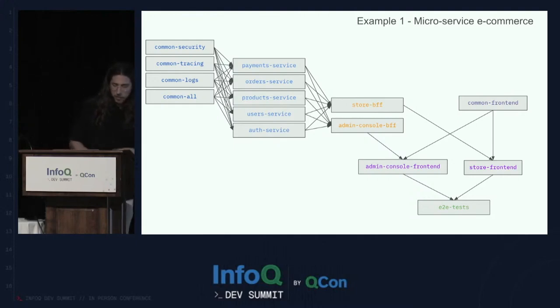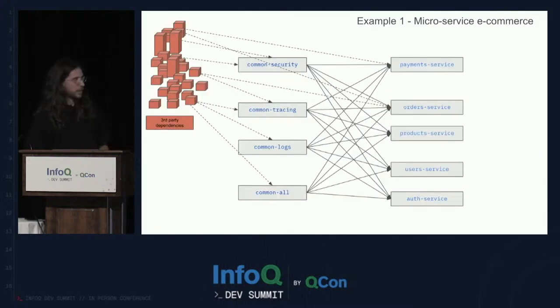And more than that, these are only the internal arrows that you would have if you would draw this diagram for your company in this example. Now, there's a lot of other arrows which are third-party dependencies that every repo is depending on, right? You cannot build software without depending on them.